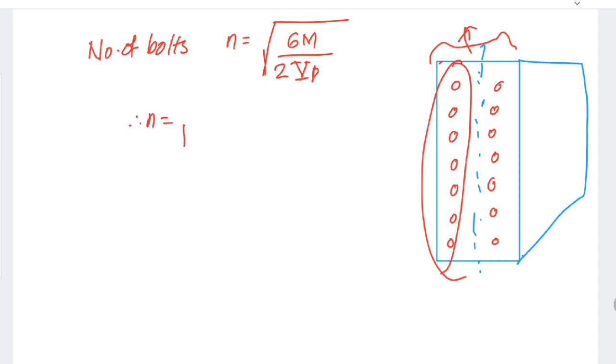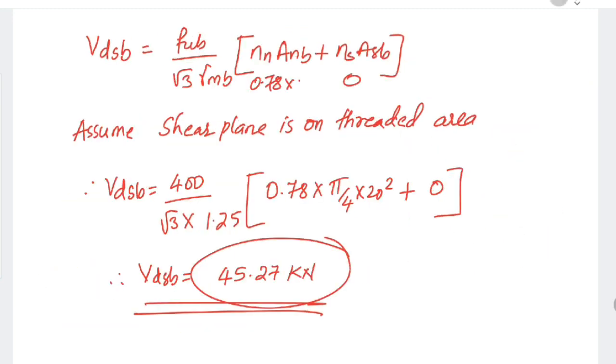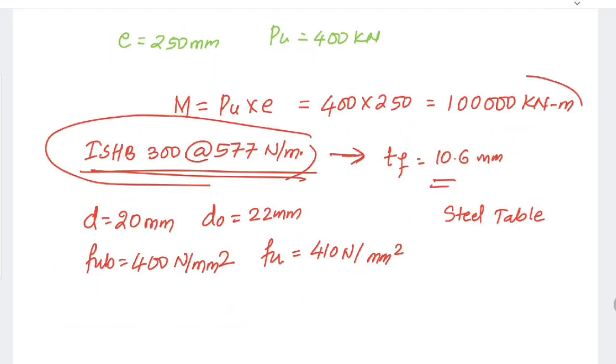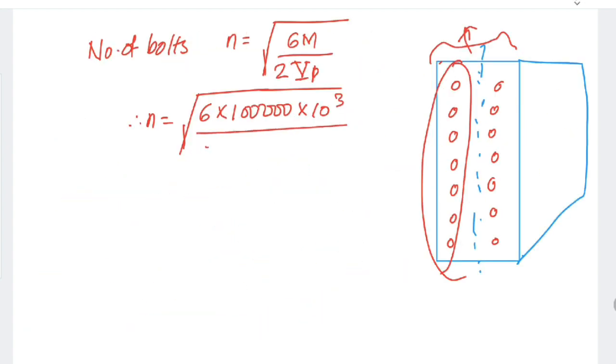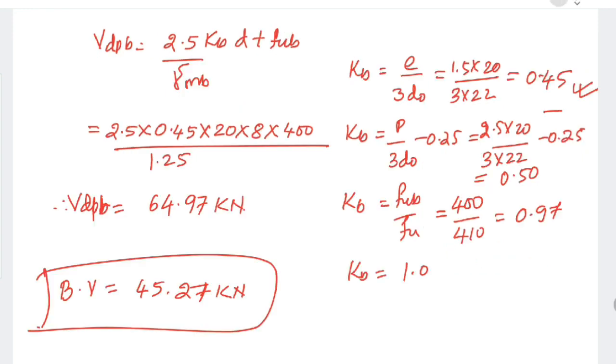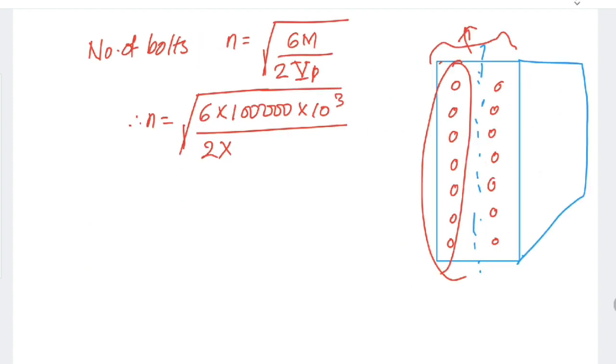So here n is equal to root of 6M, 6 into M, into 10 to the power of 3. Already we have calculated the moment, here we have the moment in kilonewton meter, so I need to convert it to Newton mm. Here 2 into V, V is the bolt value, capital V, V is 45.27 into, again it is in kilonewton, so I'll keep it in Newton. Whereas small p is the pitch of bolt.